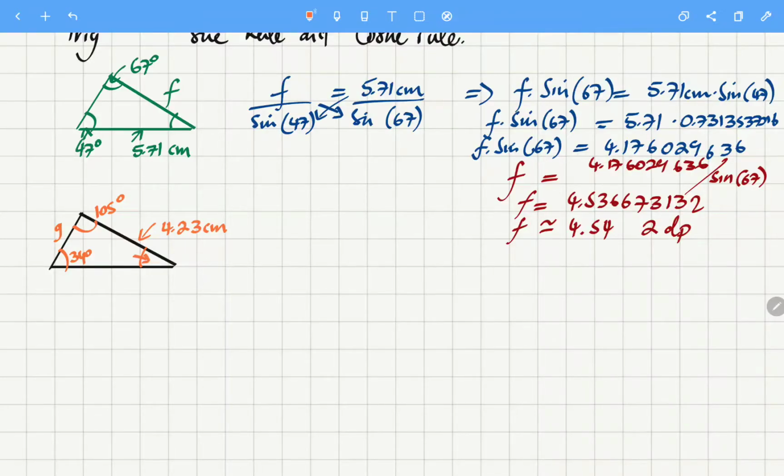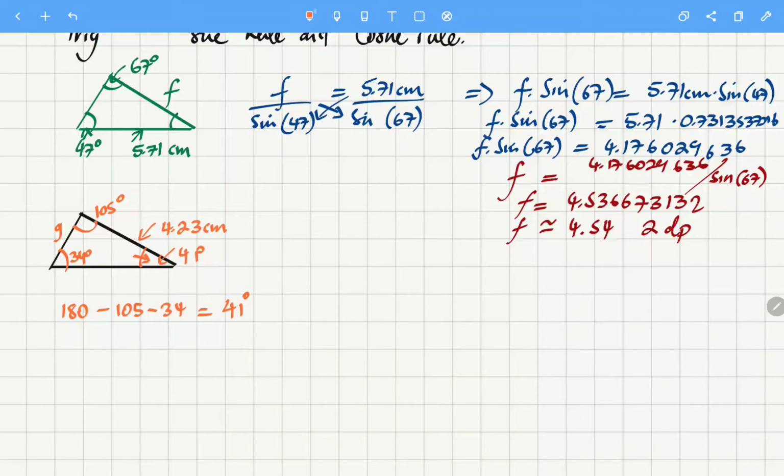I would assume that you know that the total sum of angles in a triangle is 180 degrees. So that'll be 180 minus the 105, minus 34, and then we get 41. So that's 41 degrees there.